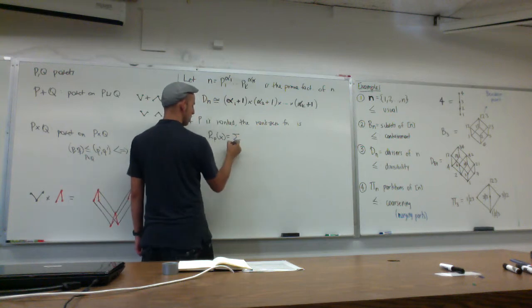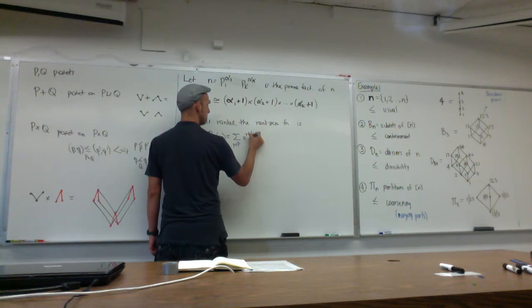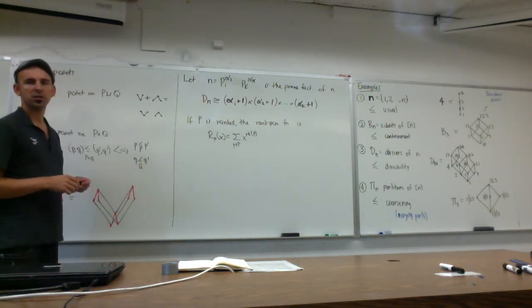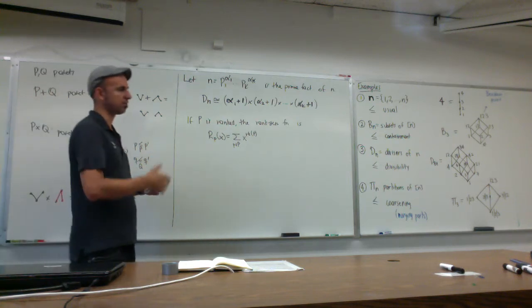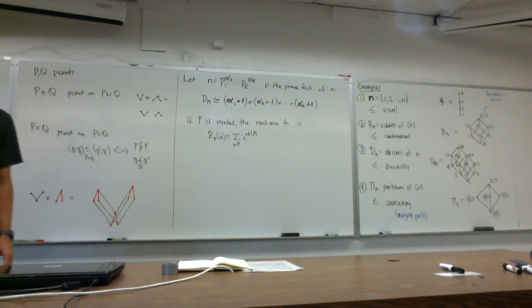It's the sum over the elements of the poset of x to the rank of the element. Okay, so you're just counting how many things you have in each rank, as the name indicates, right?